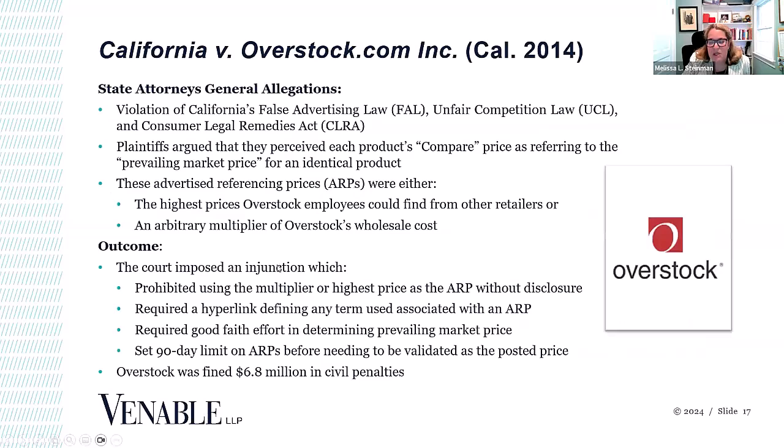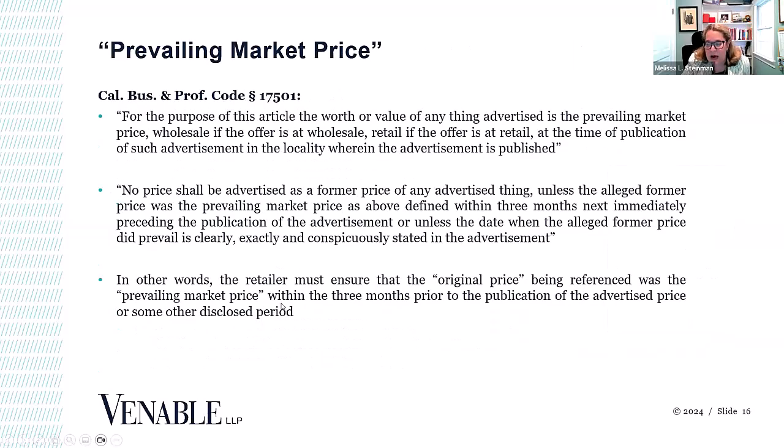There's actually an offered-at standard as well, if you can show that you offered the product for more than 40% of the previous 12 months at the regular price, which is a long time. So you can see how these standards are very restrictive.